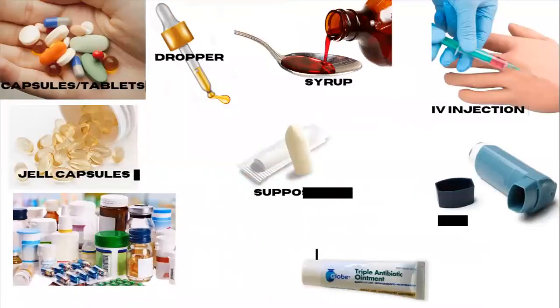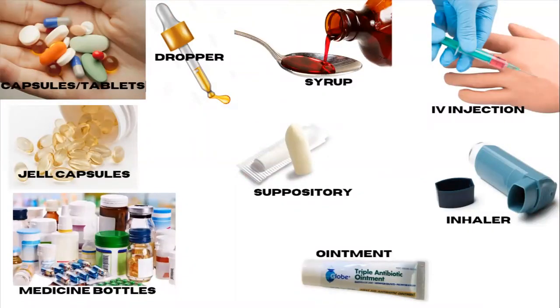Then we have other things also which we see in a hospital. We see capsules, tablets, droppers, syrup, IV injection, intravenous injection. Then we have gel capsules, suppository, inhaler, ointment, and medicine bottles. These are all related to a hospital.